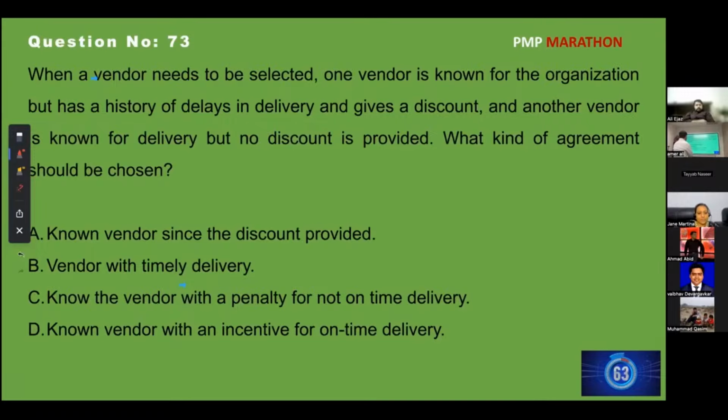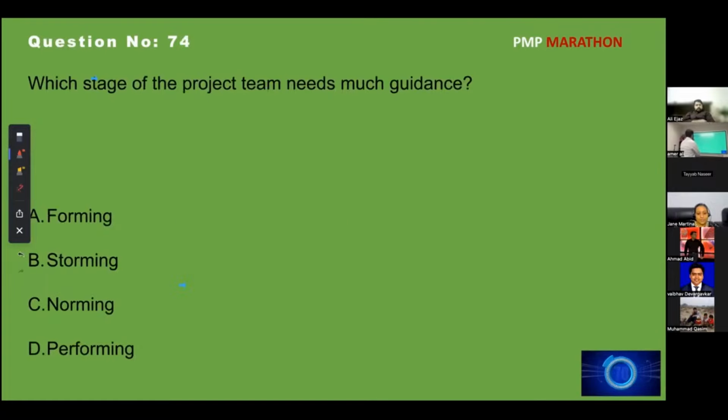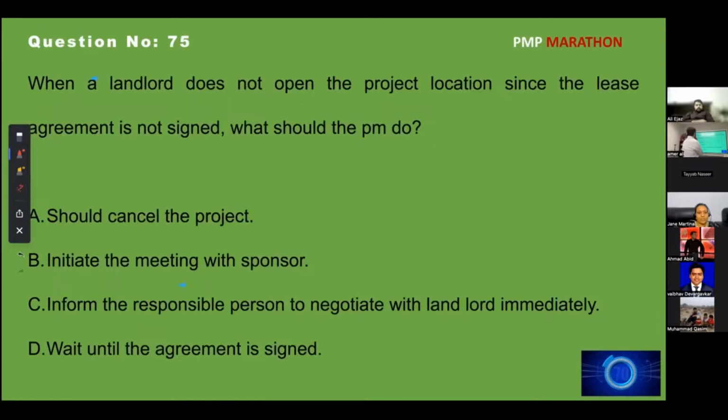It's the same type of question. Same goes for this. When a landlord does not open the project location, what should the PM inform the responsible person? What was the answer? C.